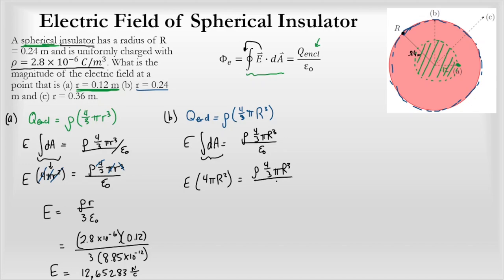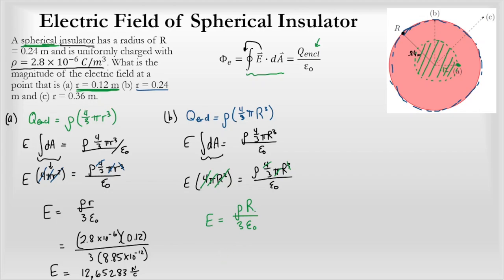Maybe it feels like deja vu from the previous problem. Do you see that? I'm going to do, again, some algebra on this. 4's cancel on both sides. Pi's cancel on both sides. Factor of r squared cancels all but one factor of r there. And so the electric field at radius big R is going to be rho big R over 3 epsilon naught.